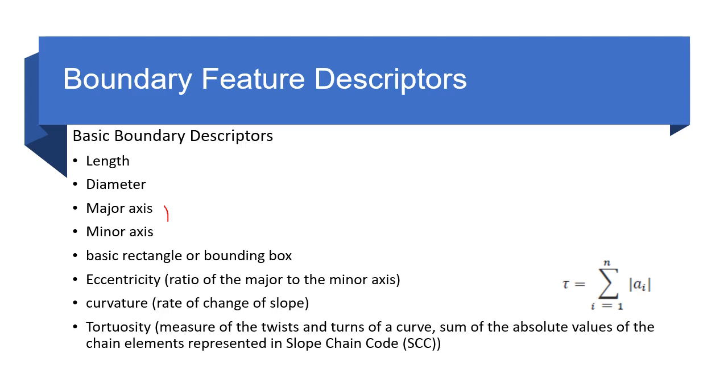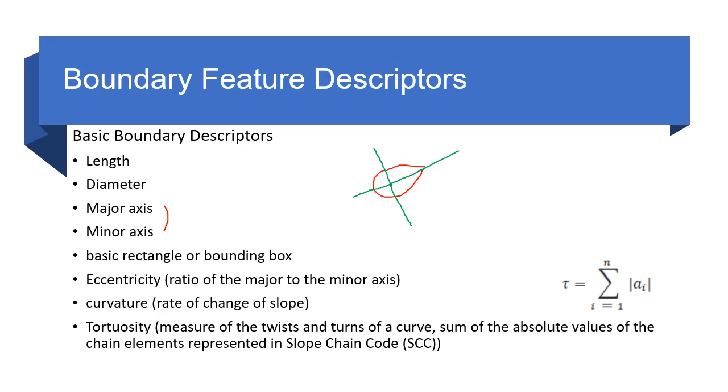Now we have also the major and minor axis. If this is the object, for example, then the major axis is that line approximately, and the minor axis has to pass through the center of the object, but this picture is not quite good.